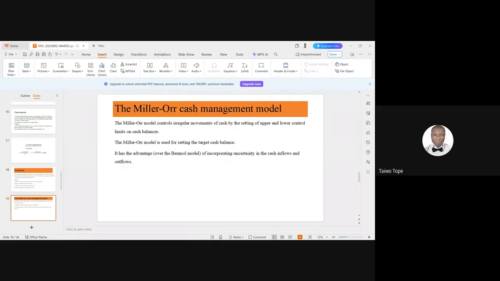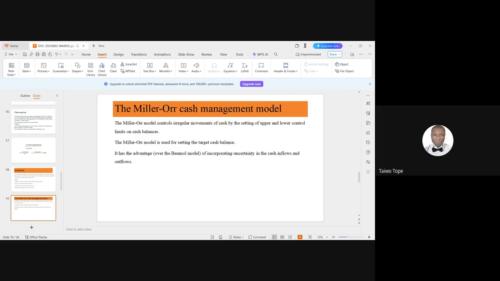Now, the lower limit shows that once your cash level is getting to that lower limit, what will you do? If you have investment somewhere, sell it and bring in cash. What is your upper limit telling you? Once your cash is going above the upper limit, what will you do?